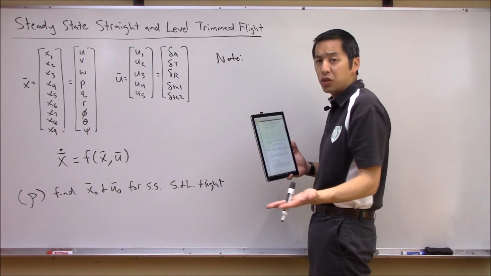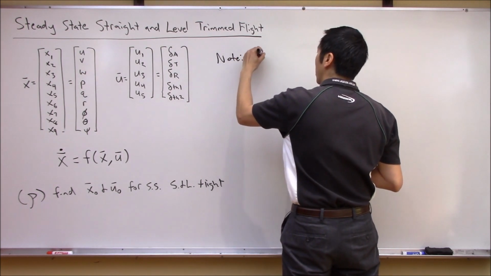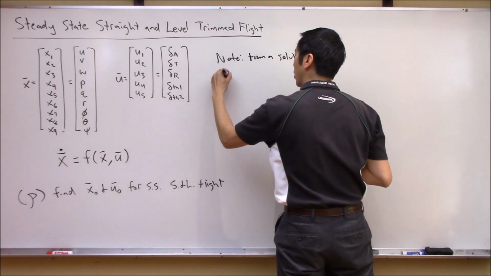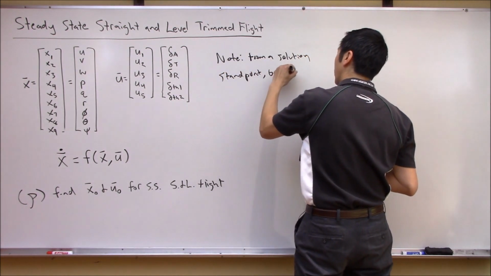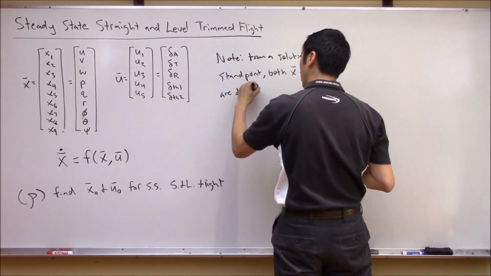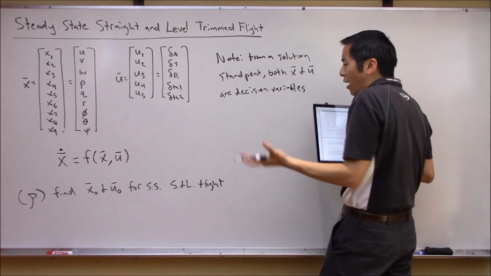They're decision variables. So from a solution standpoint, both x and u are decision variables, or degrees of freedom, however you want to think about them.